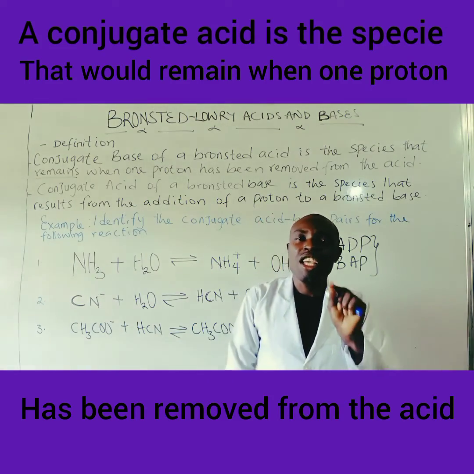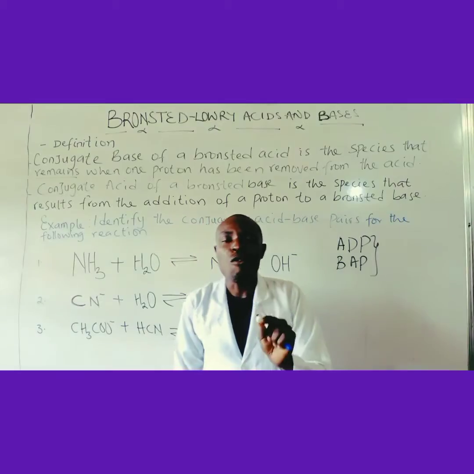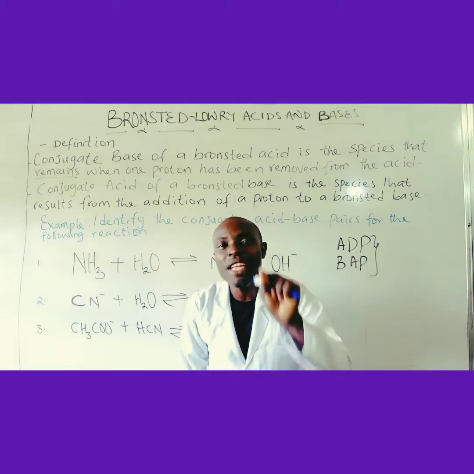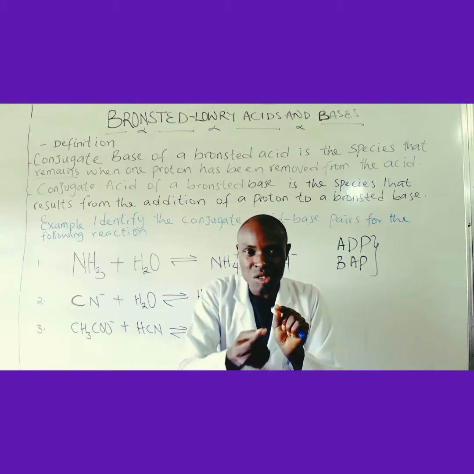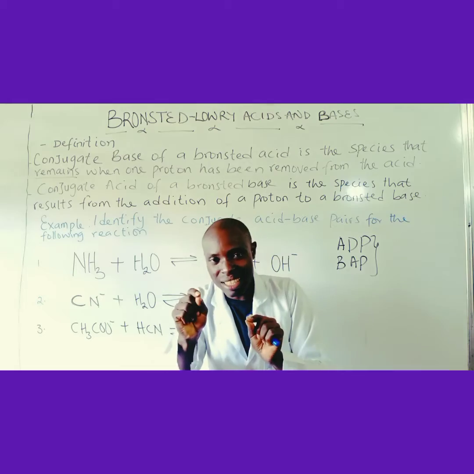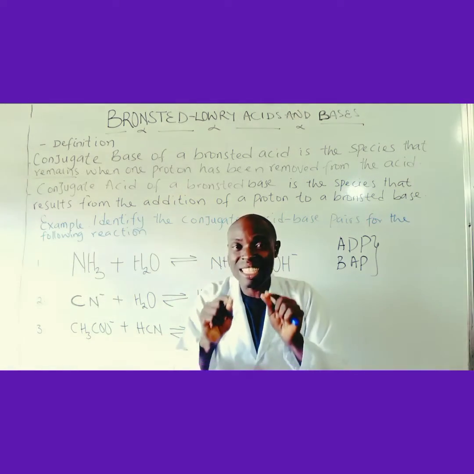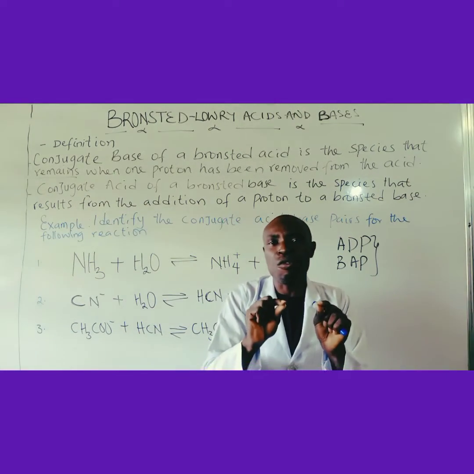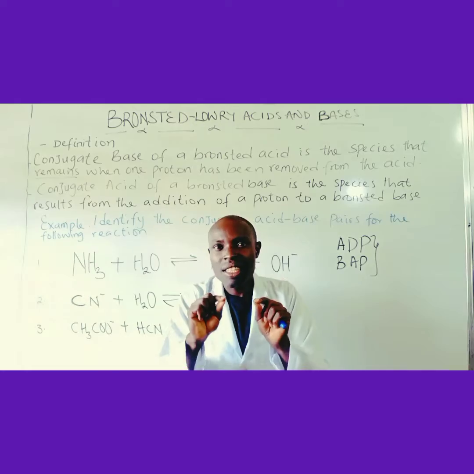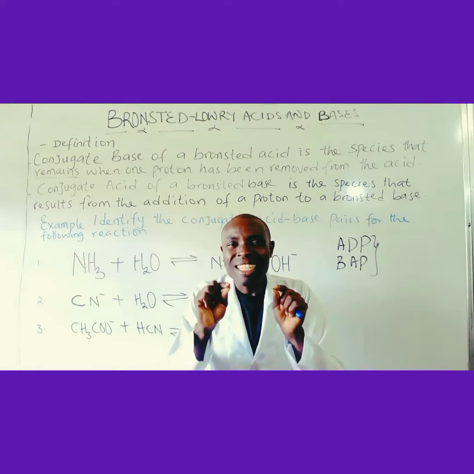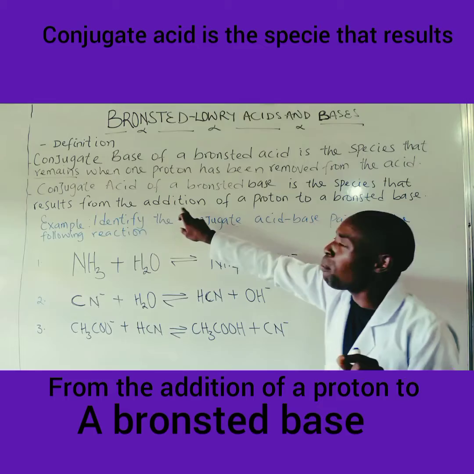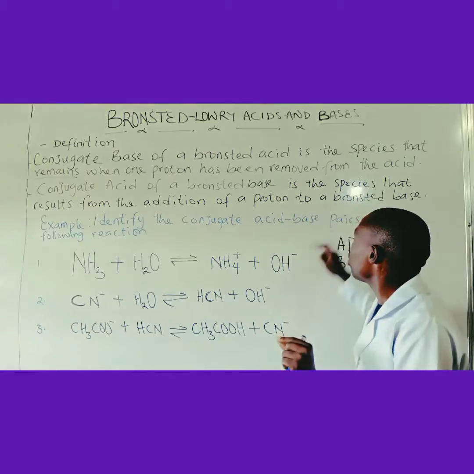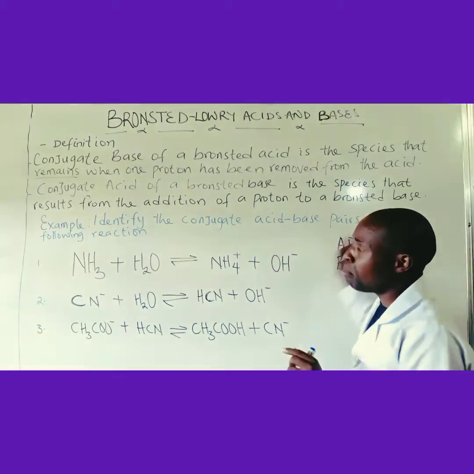I repeat, the conjugate base of a Bronsted acid is the species that remains when one proton is removed from the acid. The opposite of that is the conjugate acid. A conjugate acid of a Bronsted base is the species that results from the addition of a proton to a Bronsted base. Very simple.